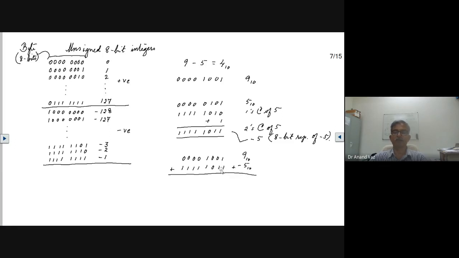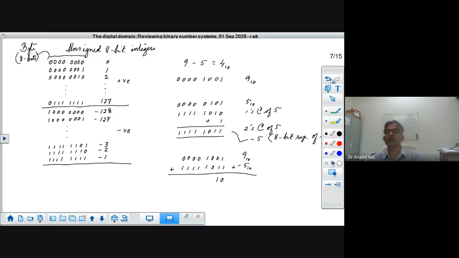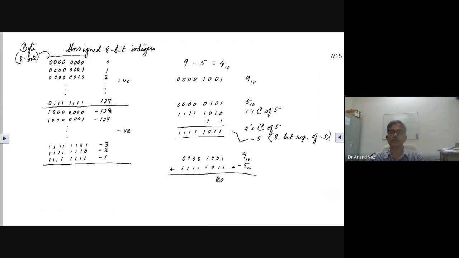So when you perform this addition, 1 plus 1 is 1 0, so 0, carry over 1. Again 1 plus 1 is 1 0, carry over 1, and so on, carrying over 1 each time. So you will have a 1 carry here.